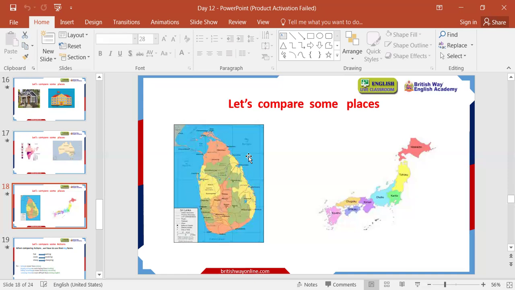Japan has a stable population. Japanese people are wealthier than Sri Lankan people. Sri Lanka is more peaceful than Japan.